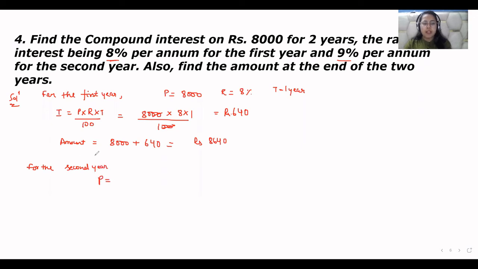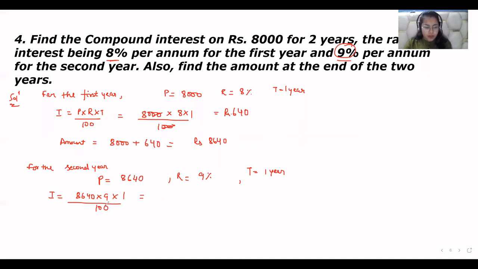For the second year, what is our principal? Very nice. Our principal is the amount of the first year, rupees 8,640. And our rate of interest is 9%, and time is 1 year. So our interest is principal times rate times time over 100.